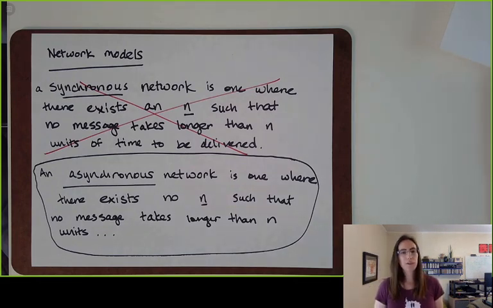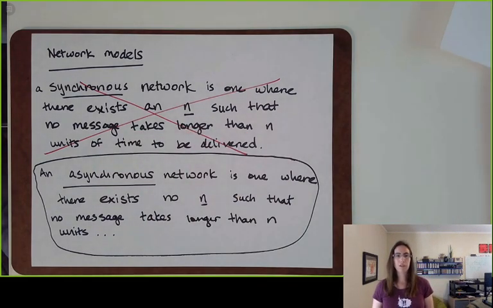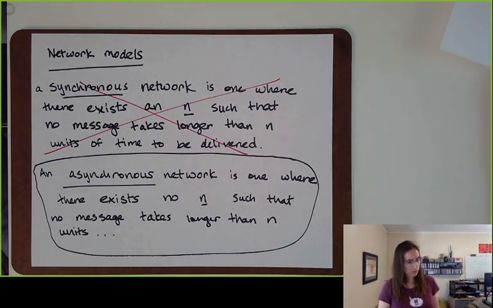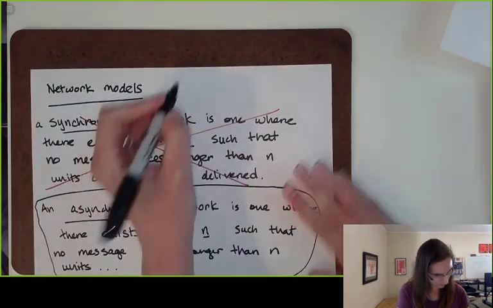And so in this course, we're going to be spending most of our time focusing on the asynchronous network model and not making any assumptions about this sort of maximum latency of messages that we would get in a synchronous network. If you want to go look it up on your own, there are so-called partially synchronous networks.